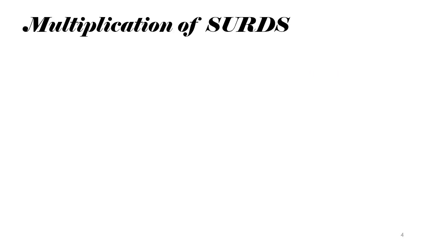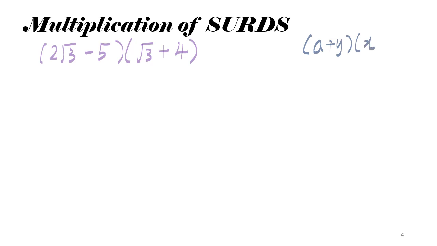If I want to multiply 2 square root 3 minus 5 with square root 3 plus 4, how do I do it? The way to do it is the same as what we have learned earlier on. If you want to multiply bracket x plus y with x plus z, recall that we can use the distributive law.